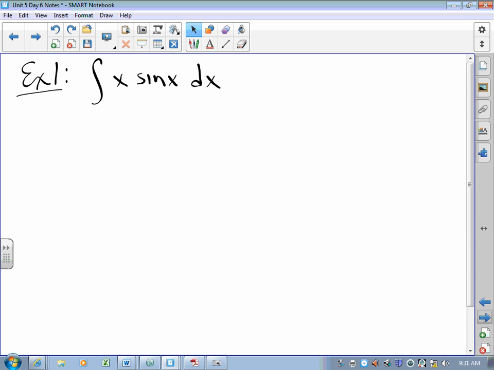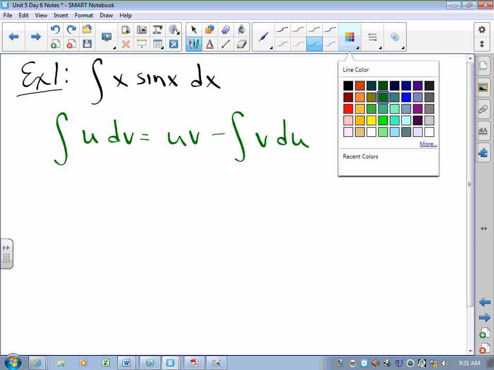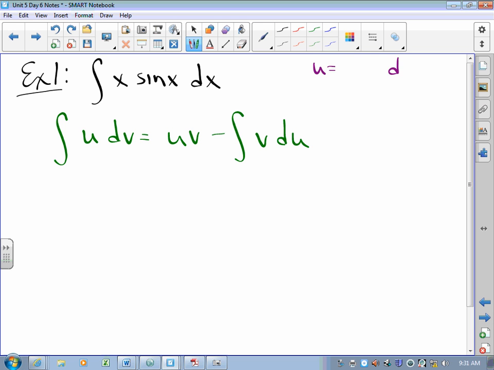It's a terrible u sub because the derivative of sine x is nowhere in the problem, and sine x is not the derivative of x. So what are we going to do? We're going to say that the integral of u dv is uv minus the integral of v du. And all we have to do is choose our u and our dv wisely so that we can be done.